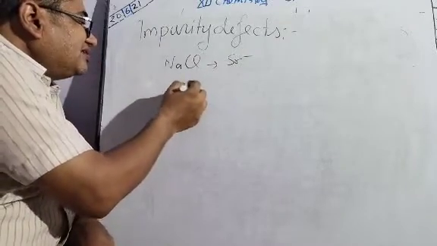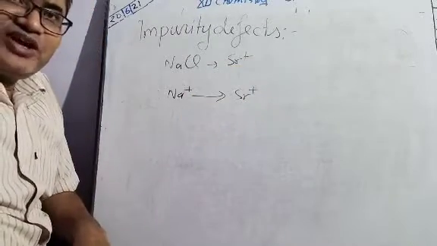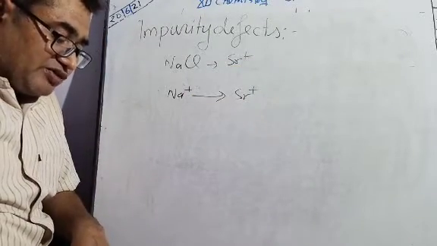Na plus ions are replaced by Sr2+ ions. This kind of defect is called an impurity defect.